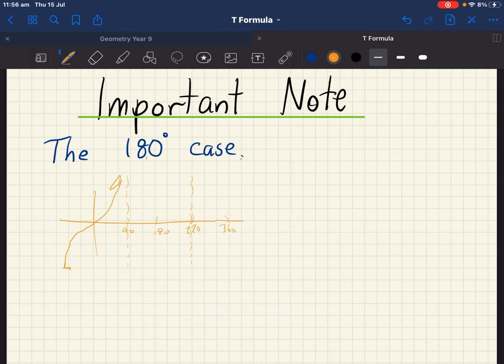Hopefully you remember the tan function looked like this. The reason for the vertical asymptotes is because we know tan theta is sine over cos, and ultimately, every time cos ends up equaling 0, we end up being stuck with a vertical asymptote.